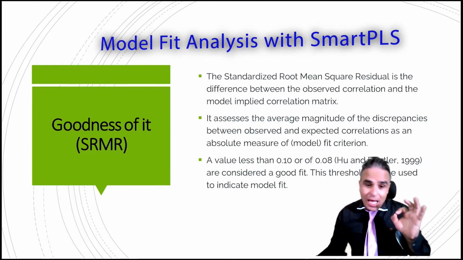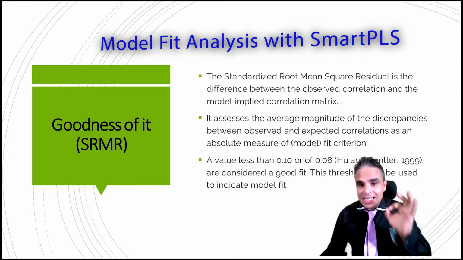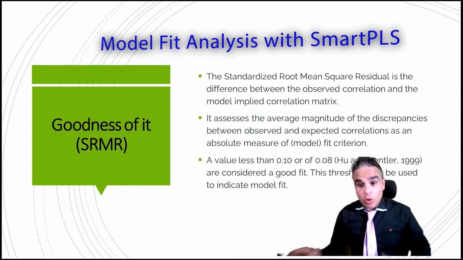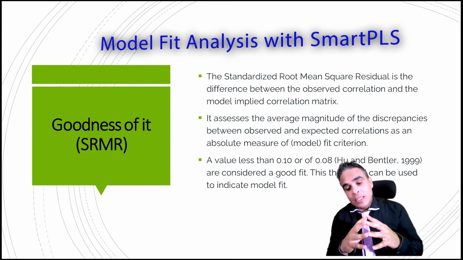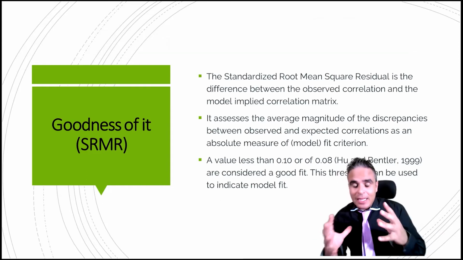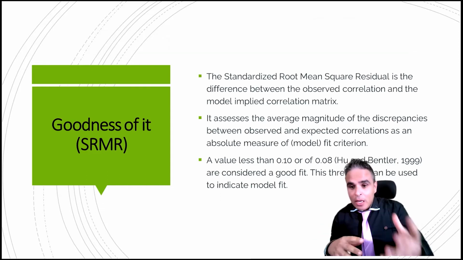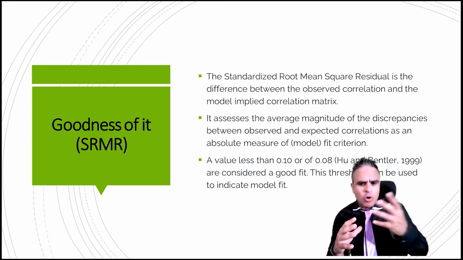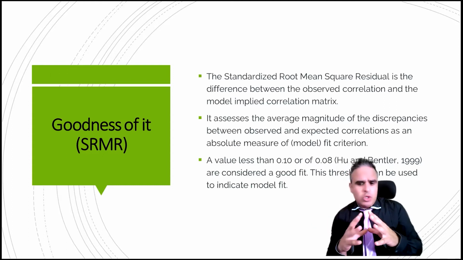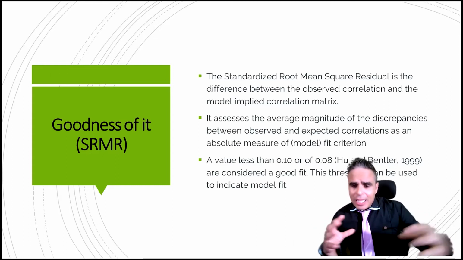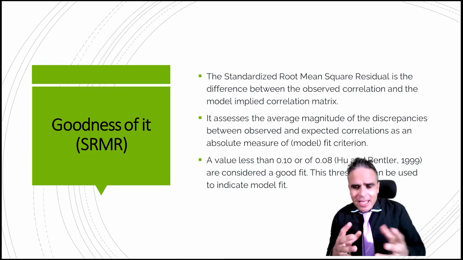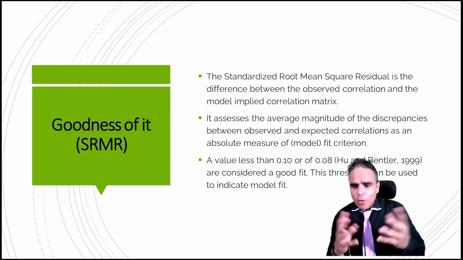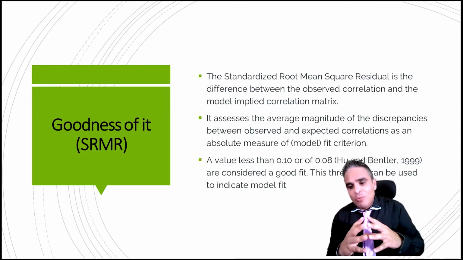Here, a value that is less than 0.10, or in a more conservative analysis 0.08, depends on the literature. Some researchers may go more conservative and say it has to be less than 0.08. But abundantly in the literature, anything close to 0.10 would be considered a good model fit.